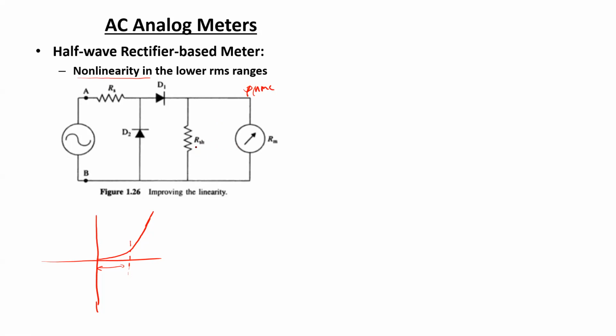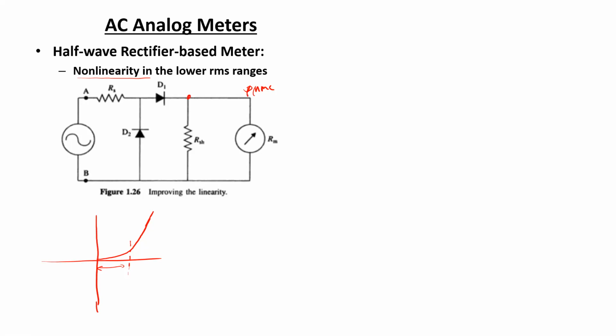or the parallel combination of these two resistances will lower the equivalent resistance along this node. So if the equivalent resistance is decreasing, the diode D1 will be able to draw more current from the source.